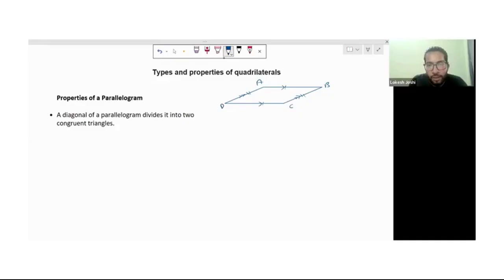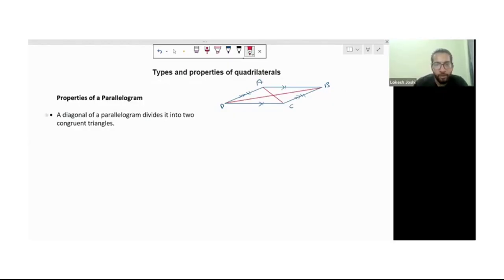So, in this, the very first property is that a diagonal of a parallelogram divides it into two congruent triangles, which means, suppose we make diagonals there, the first one is BD and the second one is AC.